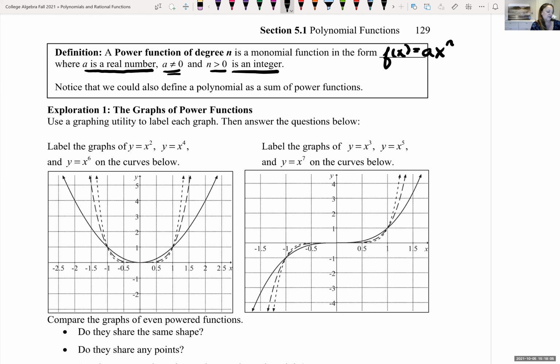So looking at the following graphs, we're not going to pull out a graphing utility for each graph, and then answer the questions below. Okay, so we have 3 functions. We have y equals x squared, y equals x to the 4th, and y equals x to the 6th on the curves below.